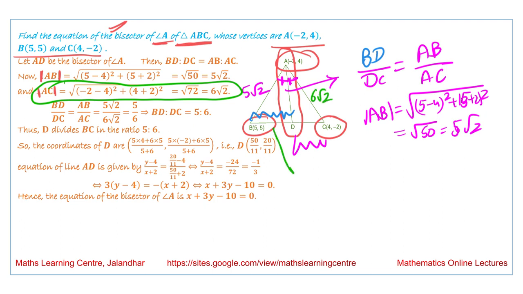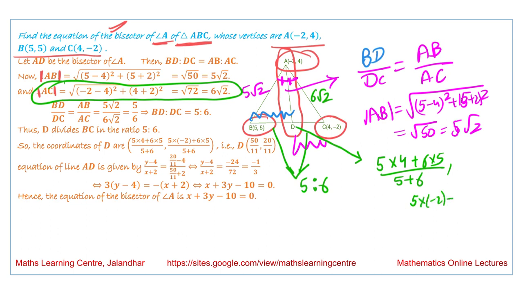So the ratio of these two is 5 is to 6. The coordinates of D are given by (5 into 4 plus 6 into 5)/(5 plus 6) for x, and (5 into minus 2 plus 6 into 5)/(5 plus 6) for y. So the coordinates we obtain are 50 by 11 comma 20 by 11.